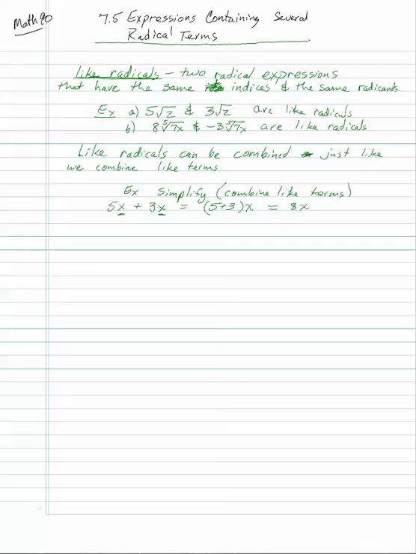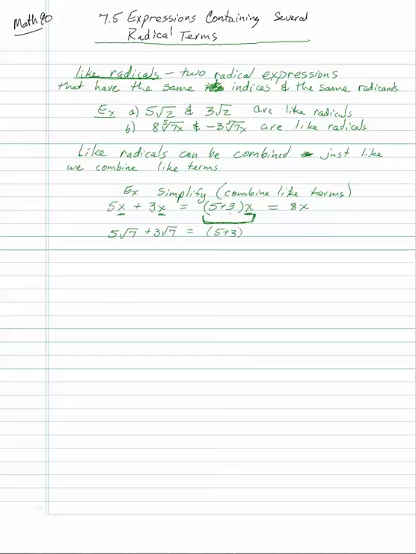We never show this step, but really that's what's going on. That's the distributive property that we're using. We just don't think about it. So if they're both x's, you just leave the x alone and you add the numbers in front. Well, that's the same thing if I have 5 square root of 7 plus 3 square root of 7. You can think of the square root of 7 as just like that x.